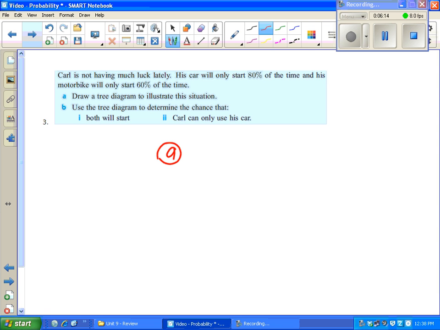We have the situation where his car will start only 80% of the time. So he has a 0.8 chance of having his car start, and he has a 0.2 chance then of having his car not start. So these should always add to 1, 0.8 plus 0.2.